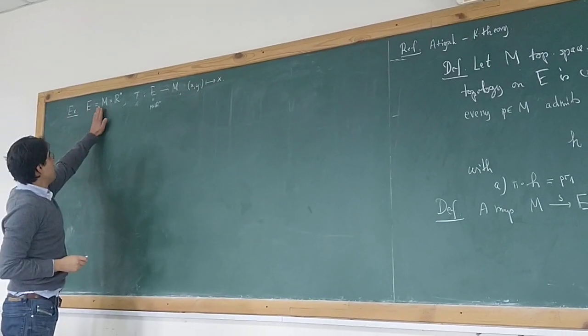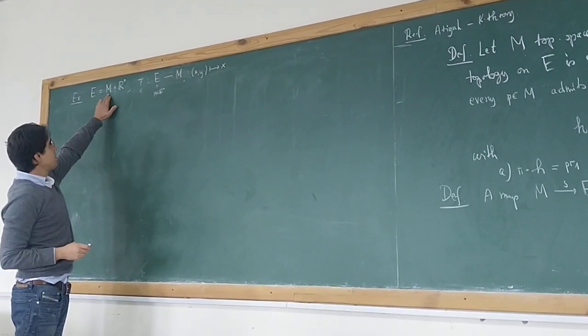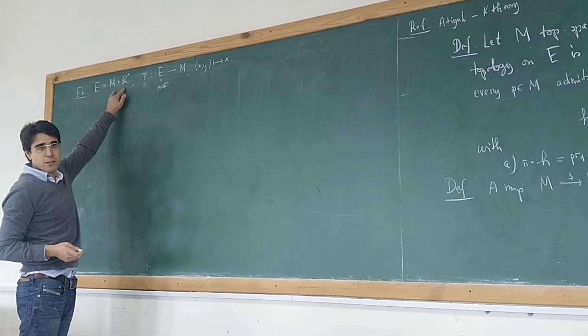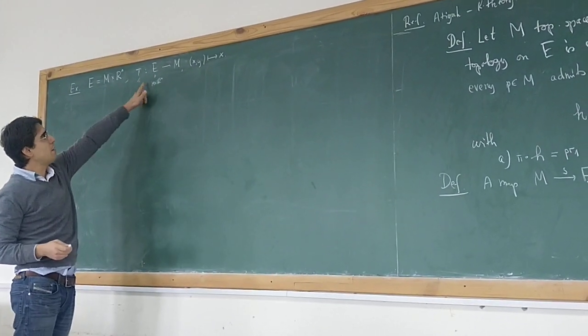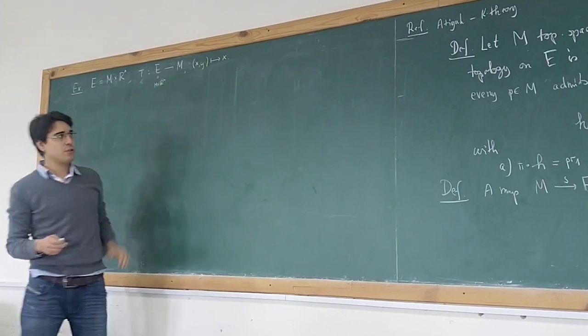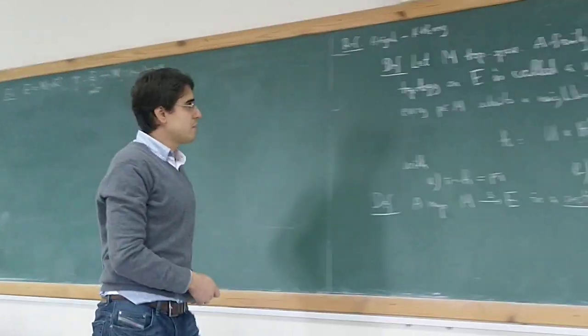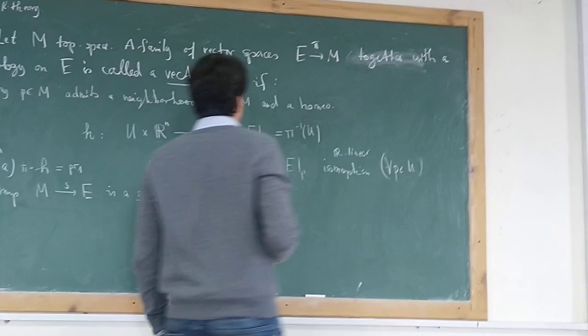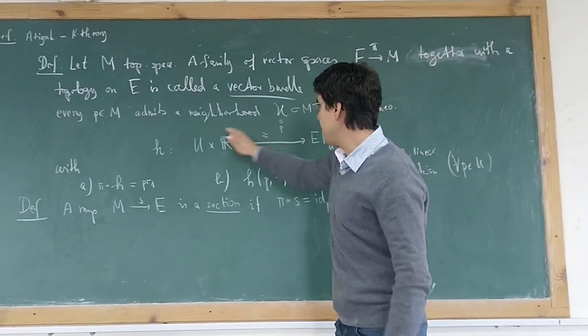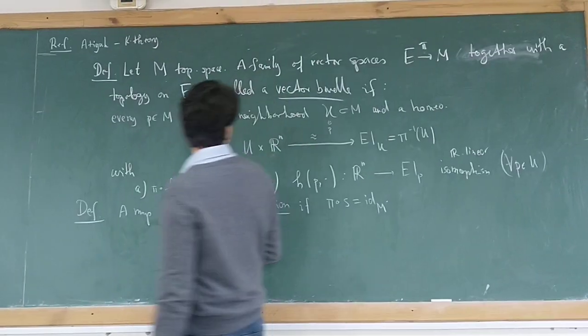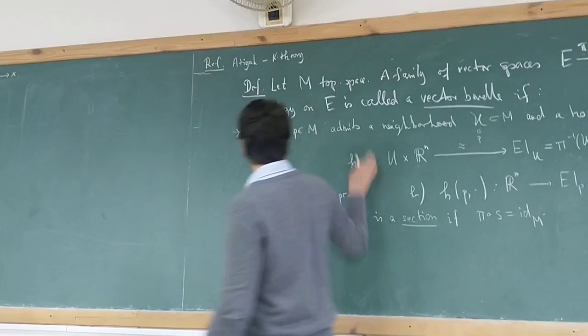And if M is a topological space, we can put a product topology on E. This is the one we use here. And for the product topology, the projection is a continuous map. So that's good. And then I need to check that this condition is true.